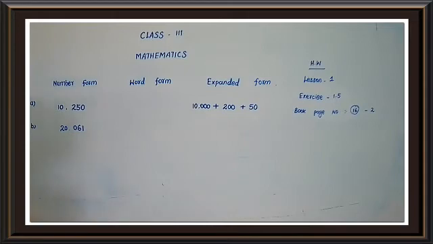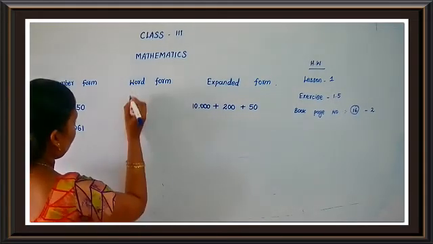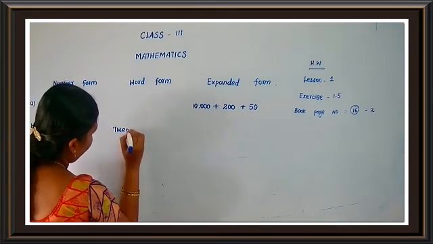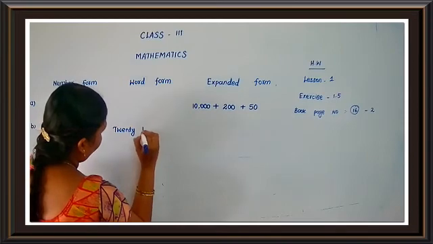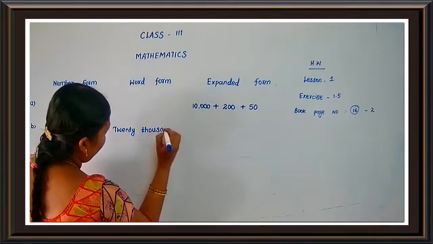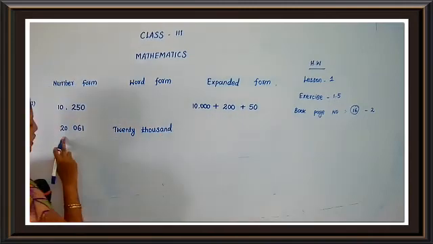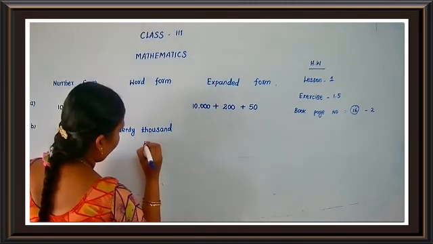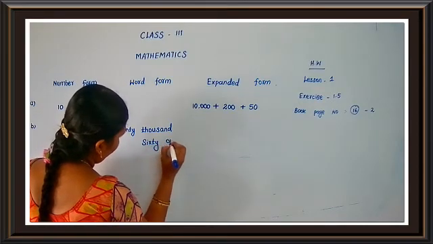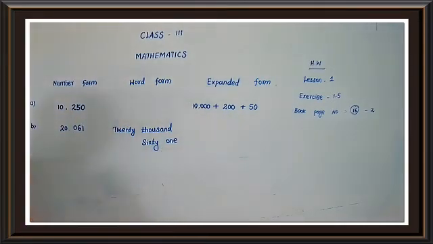Now we have to write the word form. Twenty, 20, thousand, 20,000, 61.